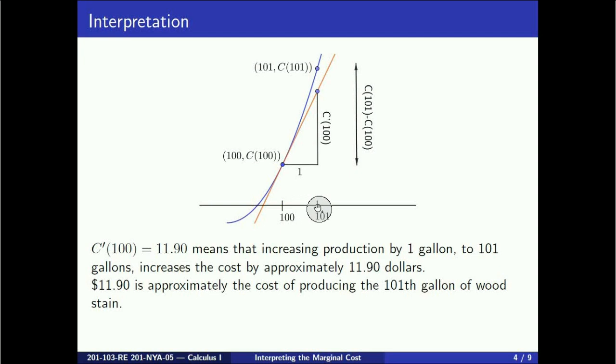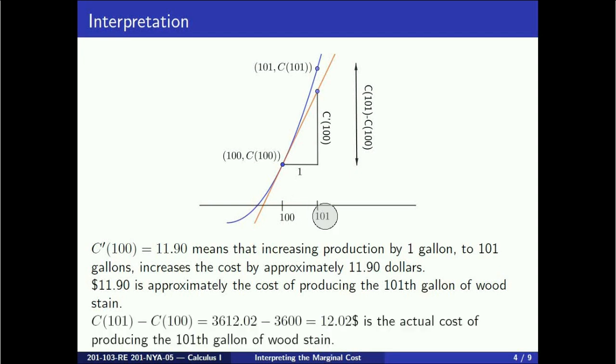If we want to compute the actual cost of producing that 101st gallon of wood stain, we need to compute C of 101 minus C of 100, the length given by the double arrow, which gives $12.02. As you can see, the actual cost of $12.02 is close to the approximate cost $11.90 obtained with the derivative.